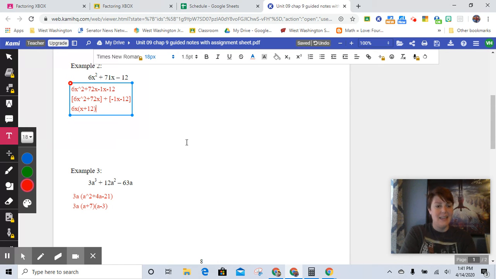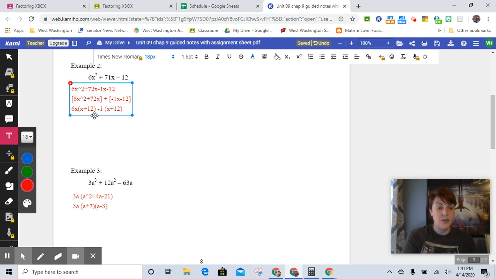Sorry, guys. All right, and then plus, well, we're going to be factoring out a negative. When the first term in the group is negative, we're going to factor the negative out with it. So we're going to actually factor out a negative 1, and that's going to leave us with a positive x plus 12.